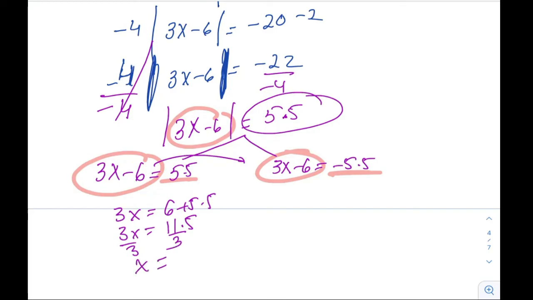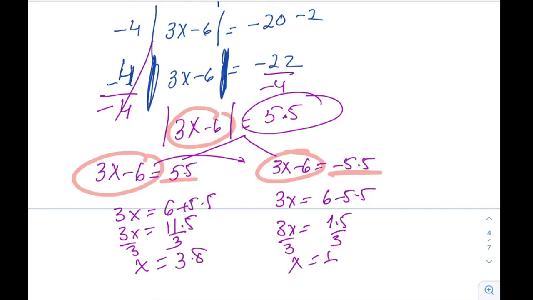So x is 11.5 over 3, and it becomes about 3.8. Taking this to the other side, 6 minus 5.5, which is 1.5. When you divide 1.5 by 3, it is 1/2. So we have also two solutions.